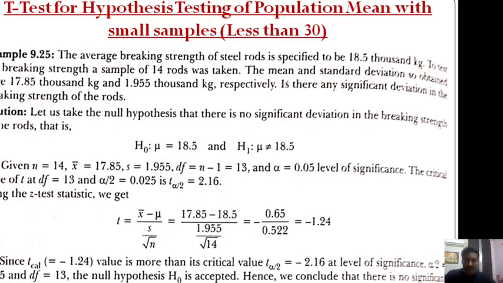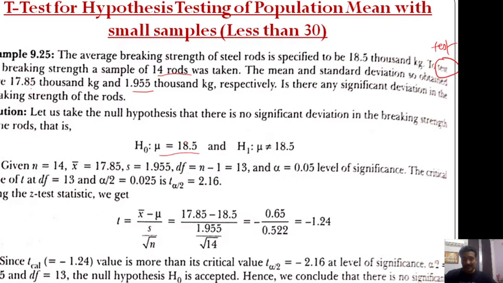You can see it is less than 30. The mean and standard deviation so obtained were these, this is your mean and this is your standard deviation respectively. Is there any significant deviation in the breaking strength of the rods? So here you have to check the population mean.